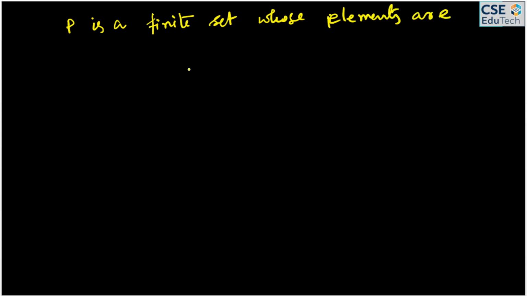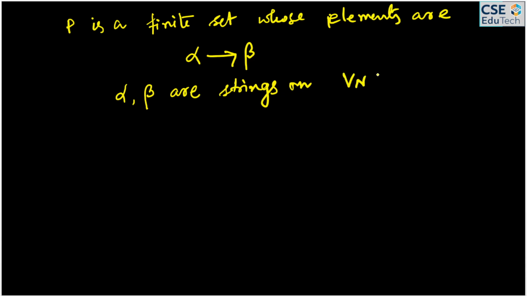Now P is a production rule. So P is a finite set whose elements are of the form alpha to beta, where alpha and beta are strings on Vn union sigma.